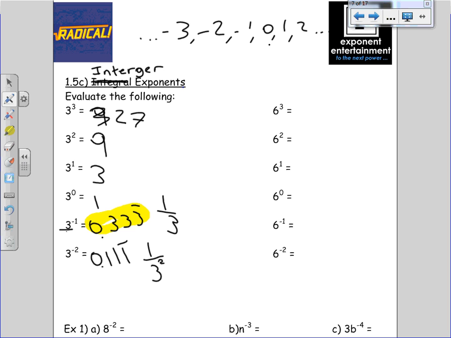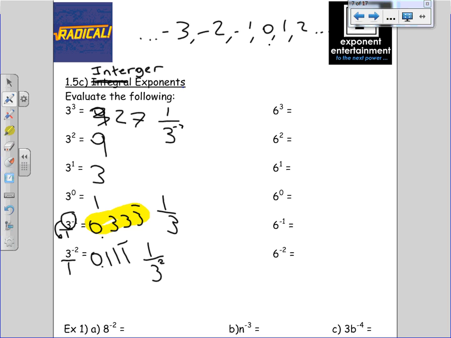Negatives take the entire power and put it underneath the division sign, from denominator to numerator or numerator to denominator. It goes both ways. So 3 to the power of 3 is also the same as 1 over 3 to the power of minus 3, because those are just flipped and it becomes a positive number.